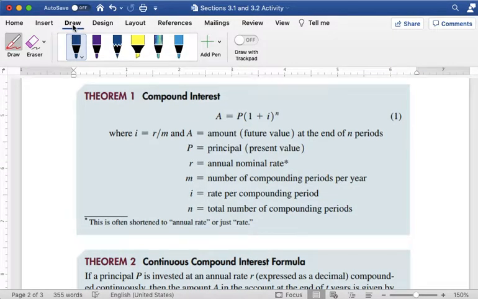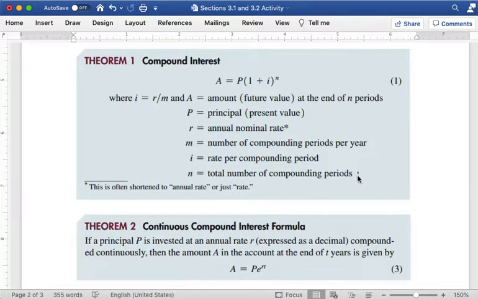So they're using N instead of M times T, which also is kind of confusing because a lot of times we use N instead of M, but they're just making fewer variables by making some variables represent two different variables. It's a little weird, but don't let it freak you out. It's the same compound interest formula that we used before.